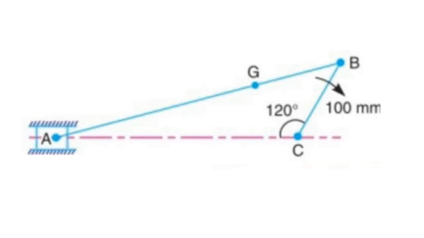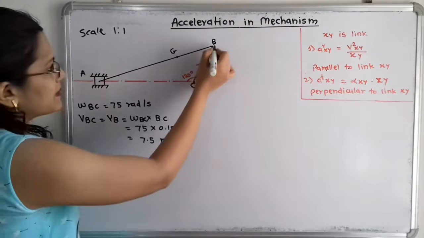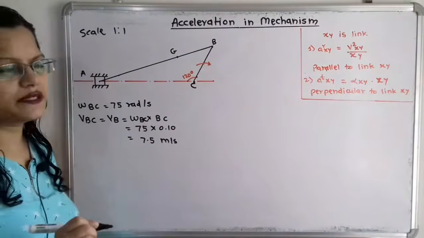So we have to draw first one horizontal line in the form of dash and dot, and we will select one point as a center. This horizontal line is passing through the center, that's why we are drawing it in the form of dash and dot. Now select the 120 degree angle and draw one line CB that is equal to 10 cm.